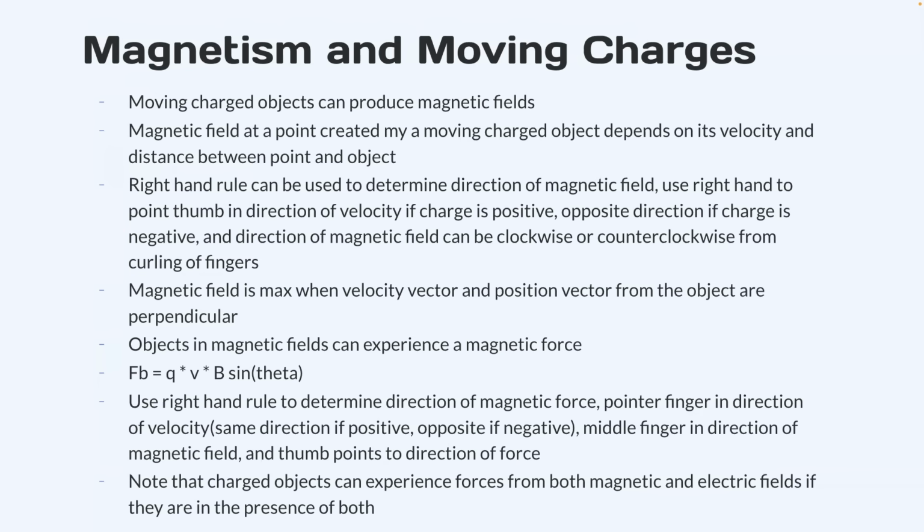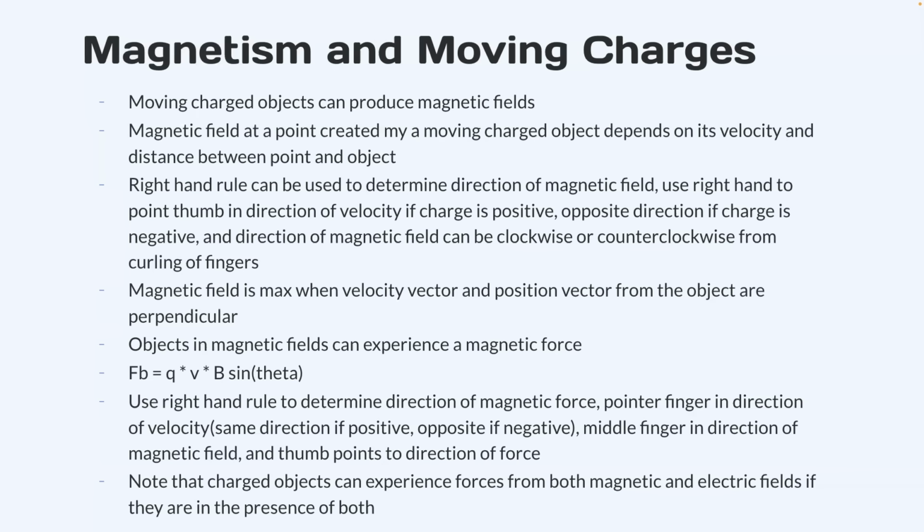Point the thumb in the direction of the velocity if the charge is positive, and point it in the opposite direction if the charge is negative. And then you can curl your fingers. Then you'll know if the magnetic field is clockwise or counterclockwise. Magnetic field is a max when the velocity vector and position vector are perpendicular.